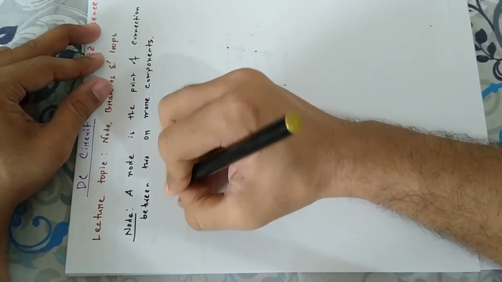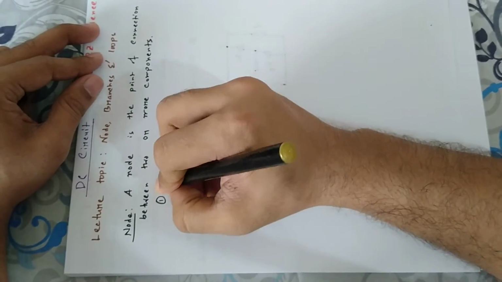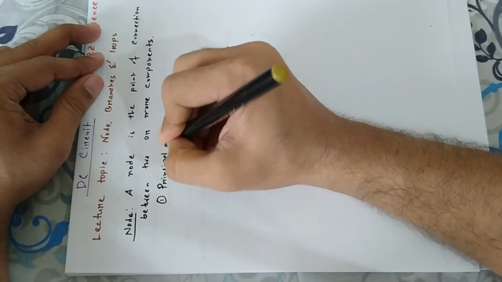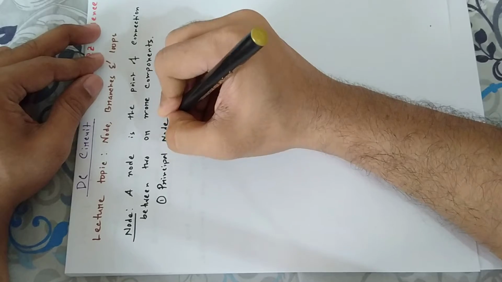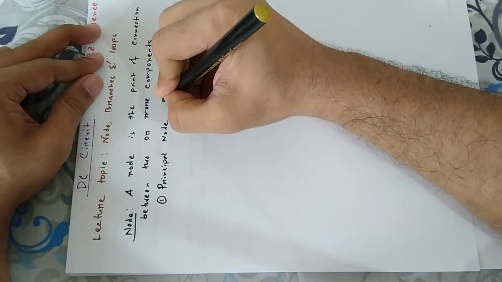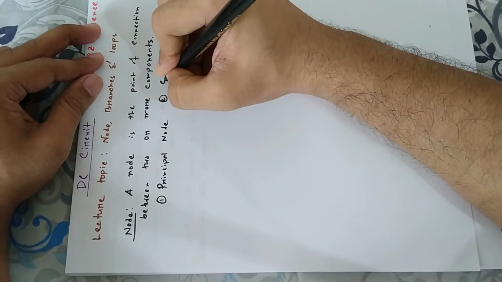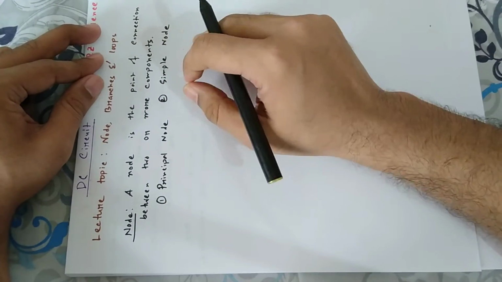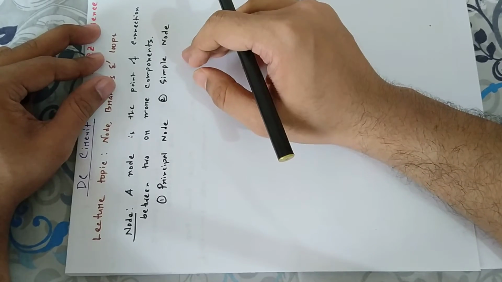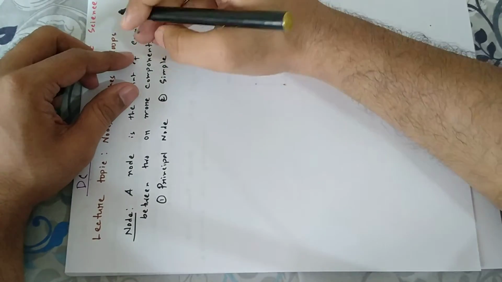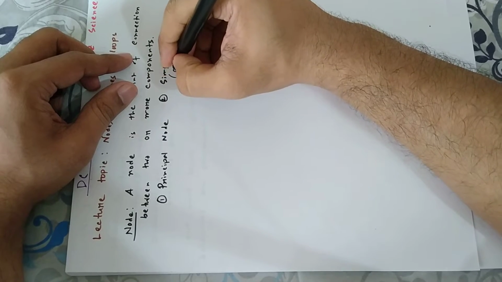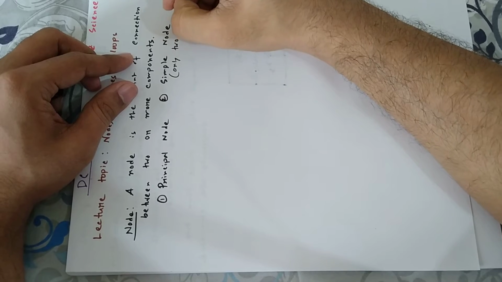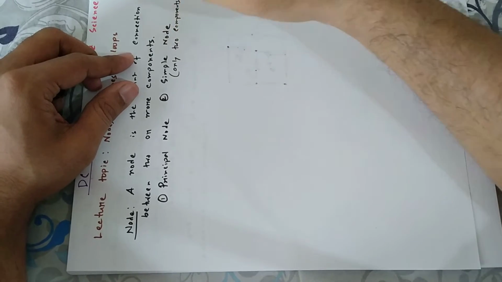Node can be classified into two categories. Number one, that is principal node, and number two, which is simple node. Now, what is the difference between principal node and simple node? It is very easy. In a simple node, only two components are connected.